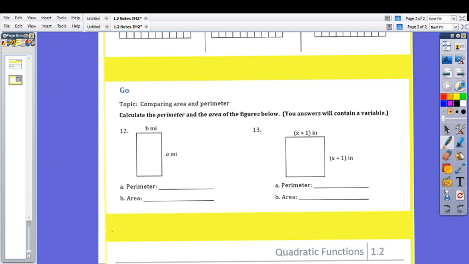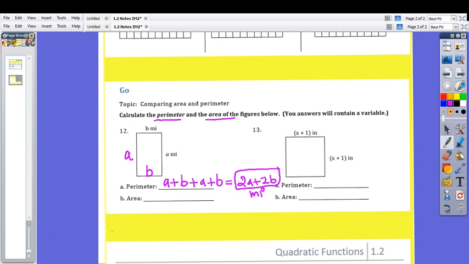because these are just like the very first problem that I just showed you. So when you're calculating perimeter and area for these figures, perimeter is you go around and add all the sides. Now if this side is B, then this will be B. If this is A, then this will be A. So if you're adding all of them, for perimeter you will be saying A plus B plus A plus B. Now you can combine the like terms, so that will give you 2A plus 2B, and that's all you can do for perimeter, and it has a unit which is miles.